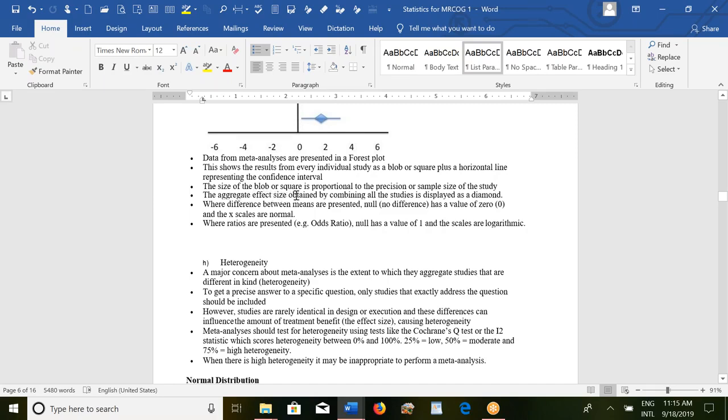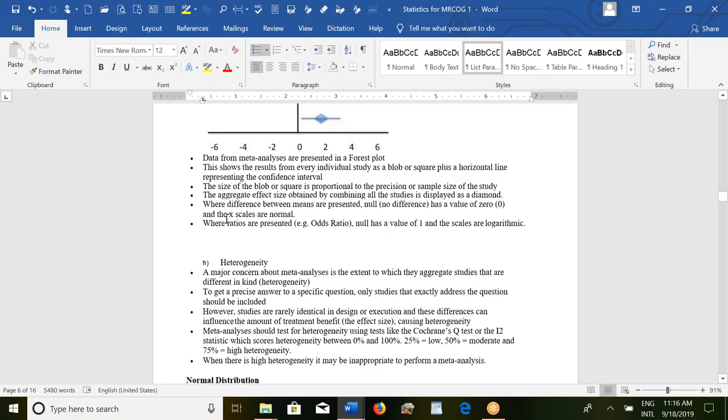The size of the blob or square is proportional to the precision or sample size of the study. The aggregate effect size obtained by combining all the studies is displayed as a diamond, that is the sum of the studies. Where differences between means are presented, the null hypothesis, which means that there is no difference between the samples, has a value of 0.